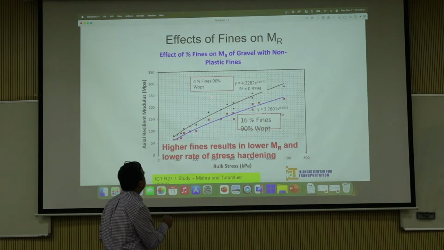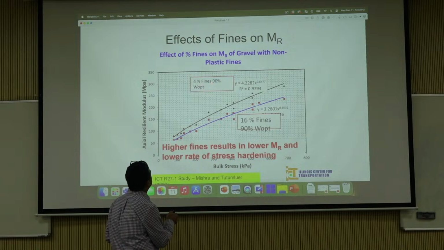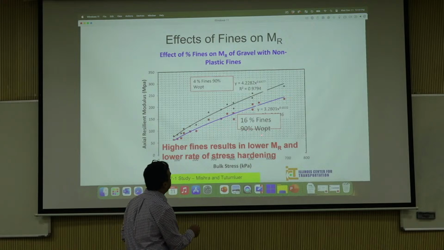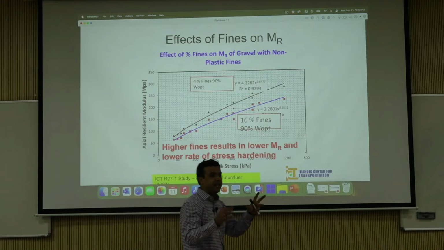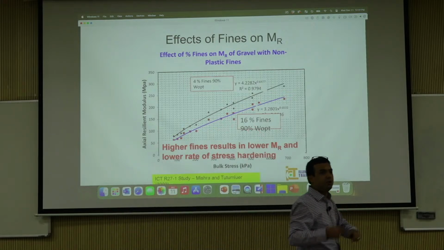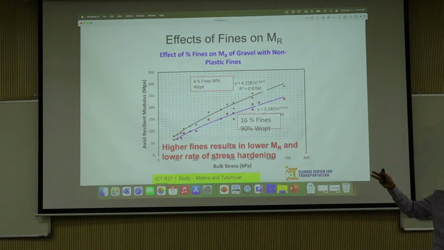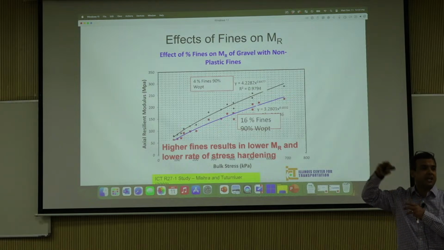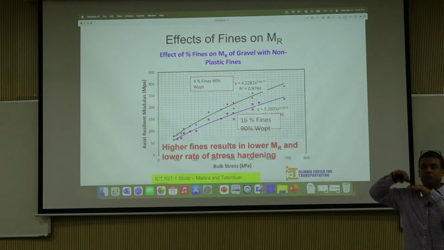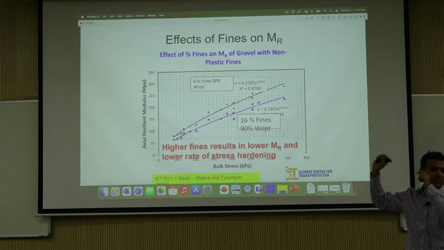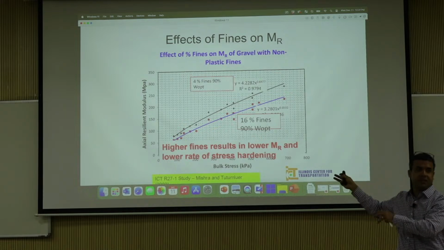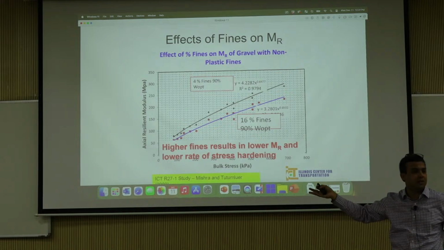Higher fines. This is 4% fines, 90% of optimum, and 16% fines, 90% of optimum. So the same material. This is all engineered gradation. In the year 2006, the entire Christmas time, from mid November to mid January, I was in a sieve room sieving maybe 2 or 3 tons of aggregates.